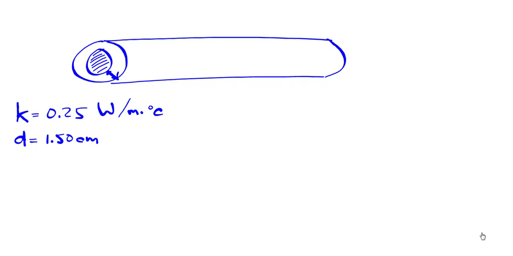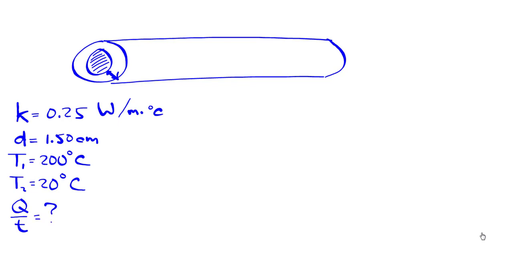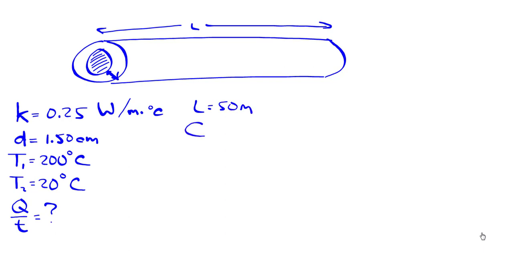Now, other things that we know about this is we know that the inside temperature is 200 degrees Celsius, and then the external temperature outside the pipe is 20 degrees Celsius. The question we're being asked is, what is the rate of thermal heat transfer if the length of this pipe is 50 meters and the circumference of the pipe is 800 centimeters?